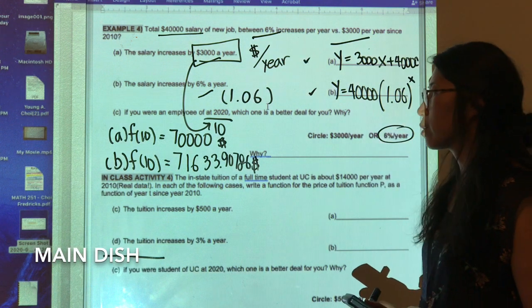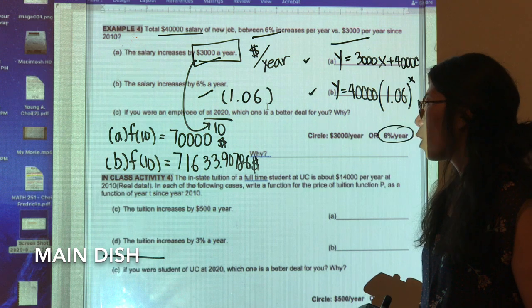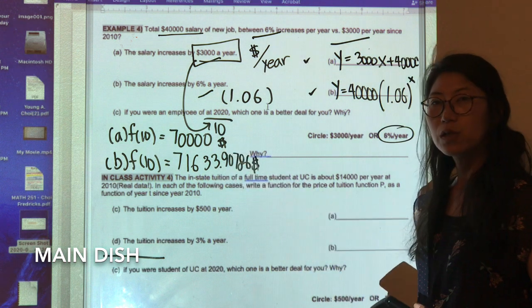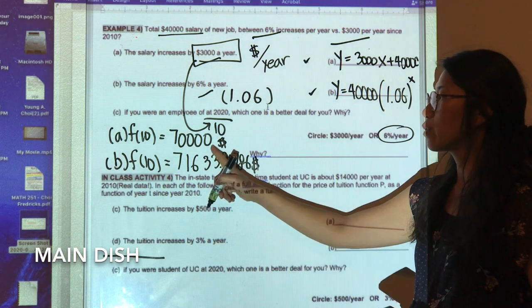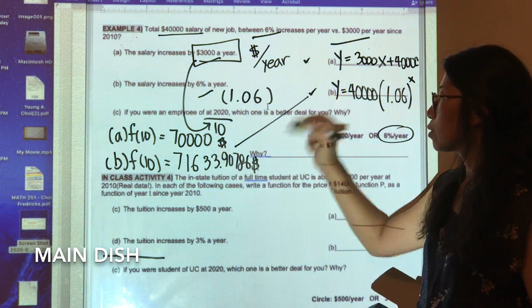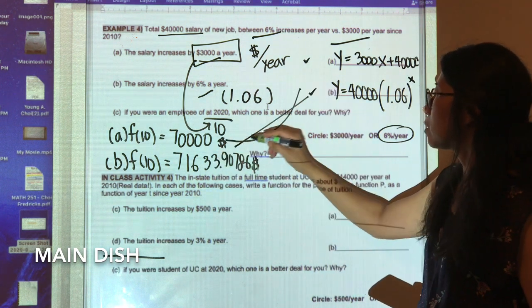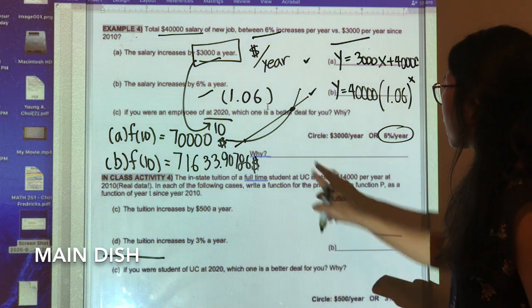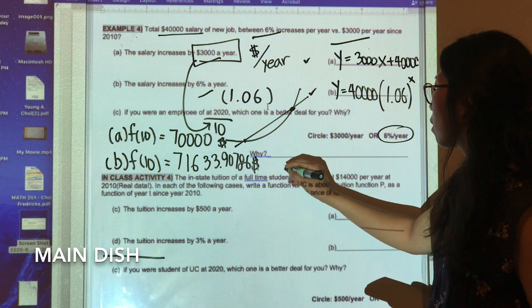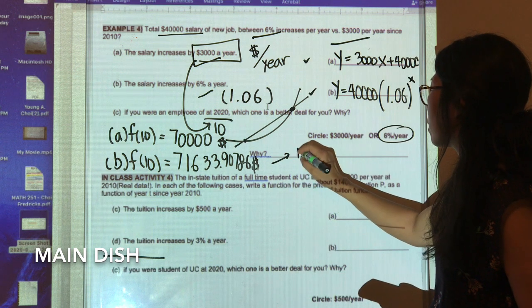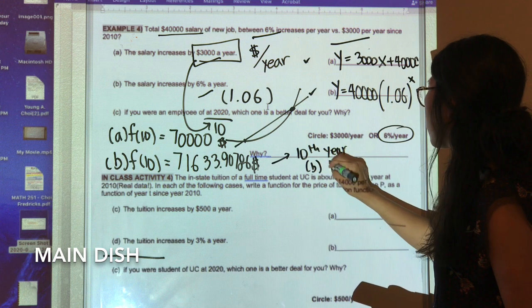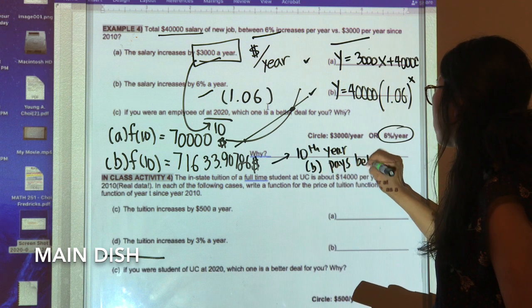But you can also think about it this way. If you are working less than 10 years, you can go for this format because you will get paid better. It's going to increase this way versus increasing that way. Then why would you want to choose that one? Because you get paid. B pays better.